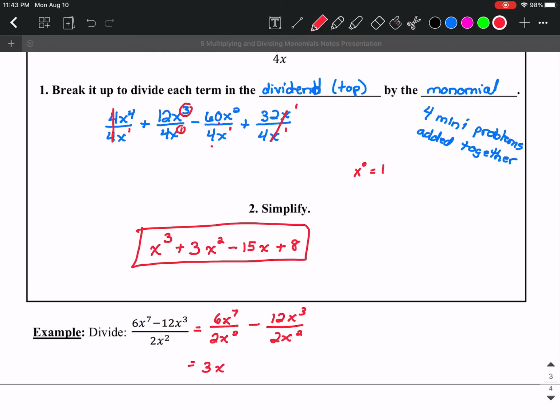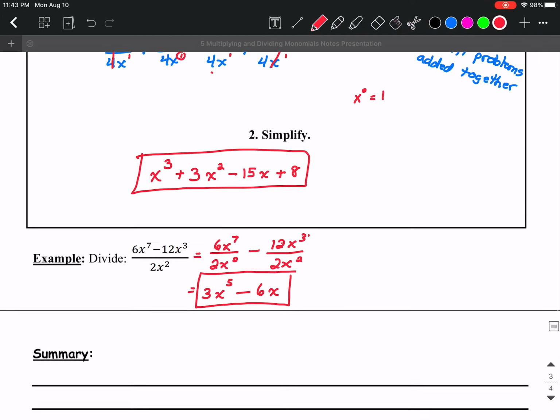Keep the x's. And we subtract the exponent. 7 minus 2 is 5. Minus, now we divide. 12 divided by 2 is 6. Keep the x's. Now subtract the exponent. 3 minus 2 is 1. So this is the answer to our division. 3x to the 5th minus 6x.